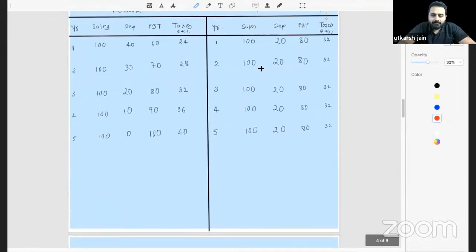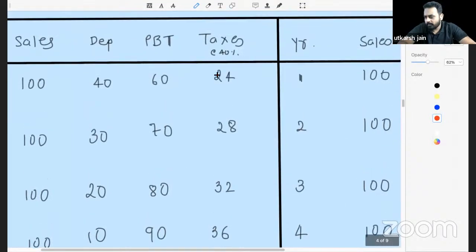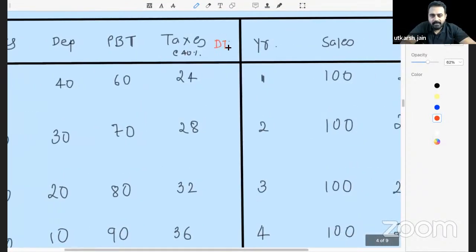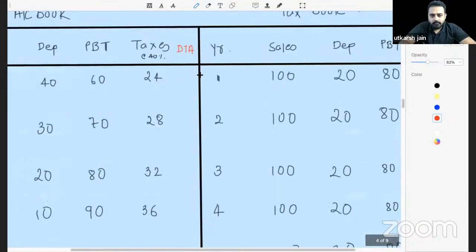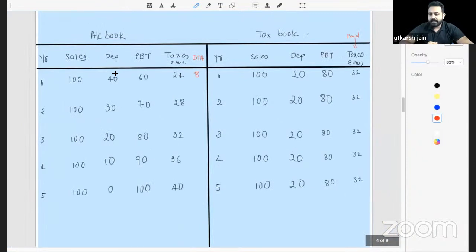He says, "How much are you paying this year?" "32." "Okay, my book shows 24. No problem. Thank you very much. You're paying more. Let me create a deferred tax asset, which is the difference of the two." So 24, 32, difference of the two is 8. So in the first year, you create a deferred tax asset of 8.